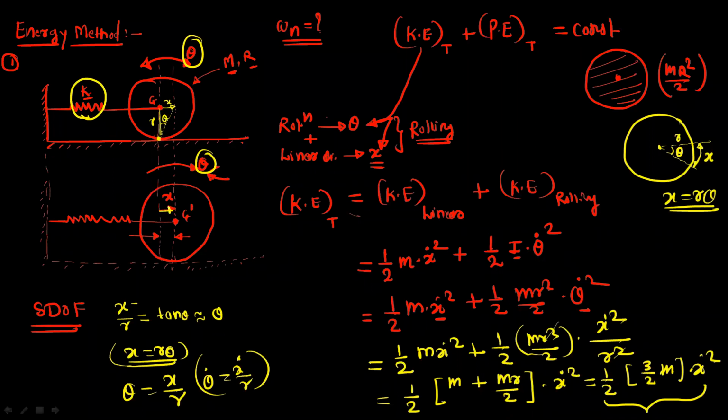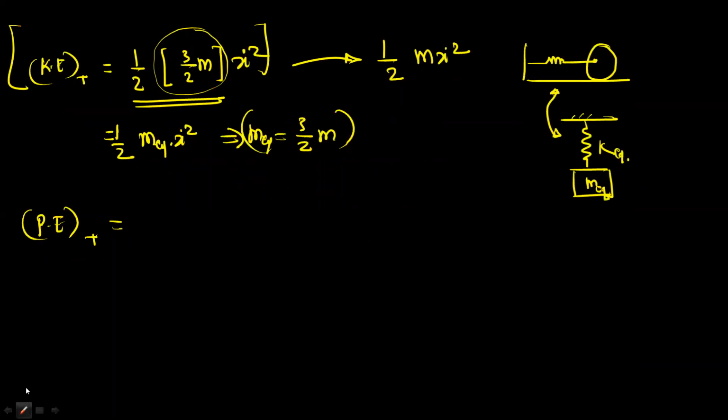Its deformation is x, because the spring is directly connected to the center of gravity. So the spring energy, that is the potential energy, is equal to 1 by 2 k x square. The standard formula is 1 by 2 k x square, where x means the deformation of the spring. So this is the total potential energy, and here K will become the equivalent stiffness. This K is directly K equivalent.